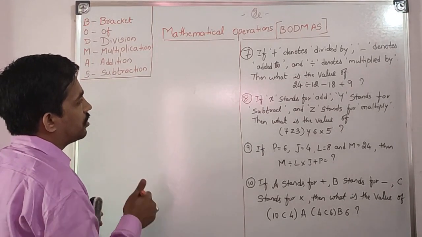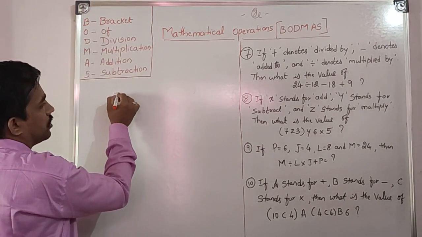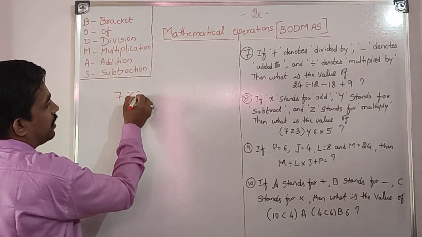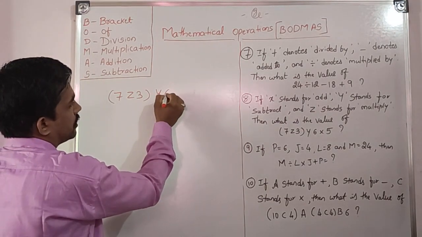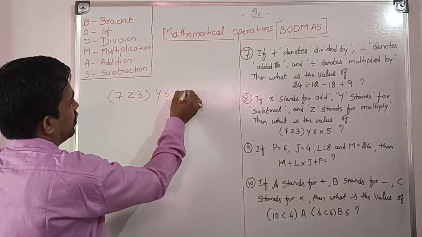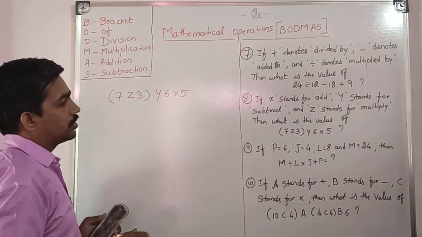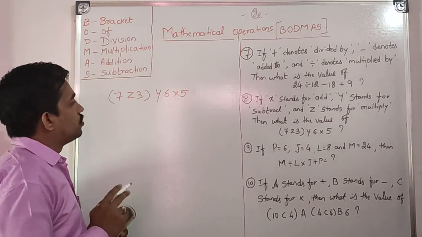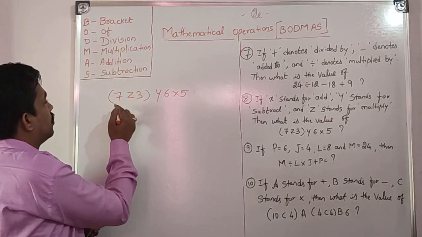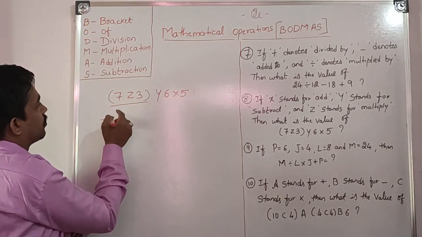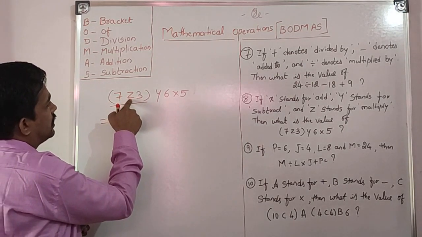This is also the same as your seventh question. 7z3y6x5. See here, students, according to BODMAS rule, first we have to solve the bracket. Okay, so first we have to solve this. So 7z3.